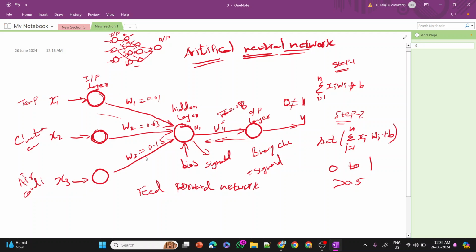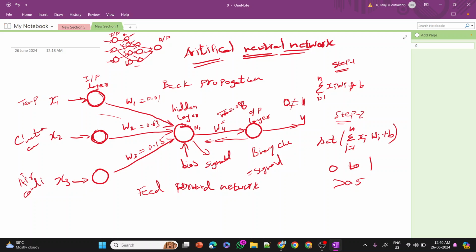Whenever we update the weights in a forward manner, it is called a feed forward network.